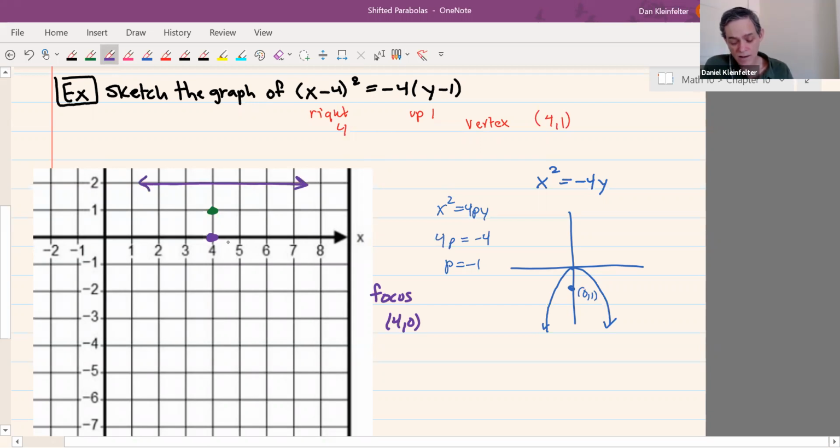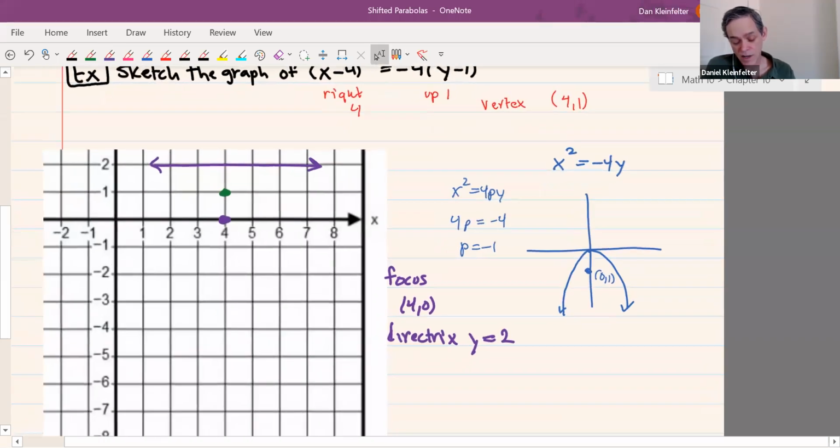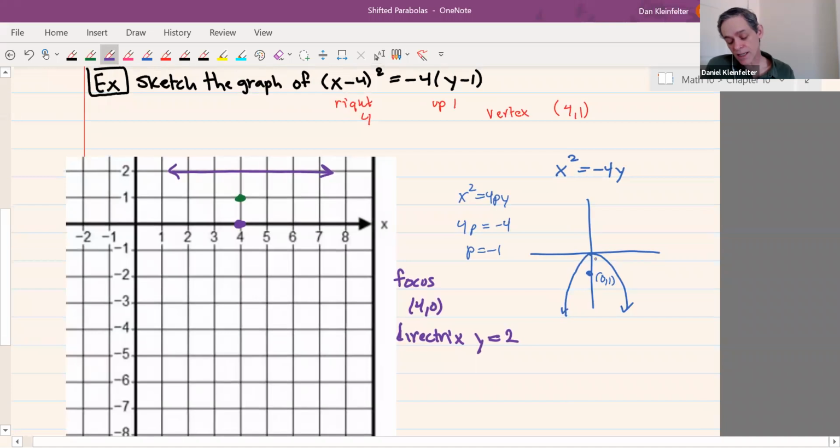It will be y equals 2. Okay, it has to be 1 unit up from the vertex. Now the vertex is, of course, not at the origin. The vertex is at the point 4, 1, and so it will be 1 up from there and horizontal, so y equals 2.